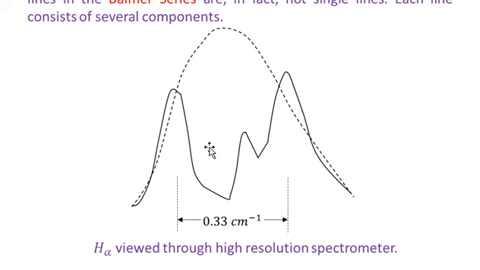So it means that a high resolution spectrometer would help us to resolve or to see the actual structure that may appear in a line from the Balmer series as shown in this figure.